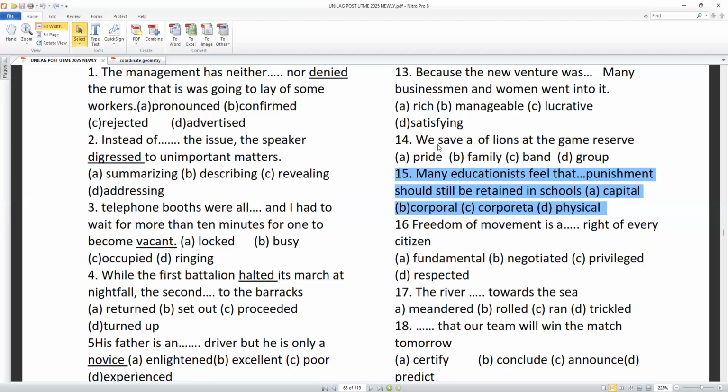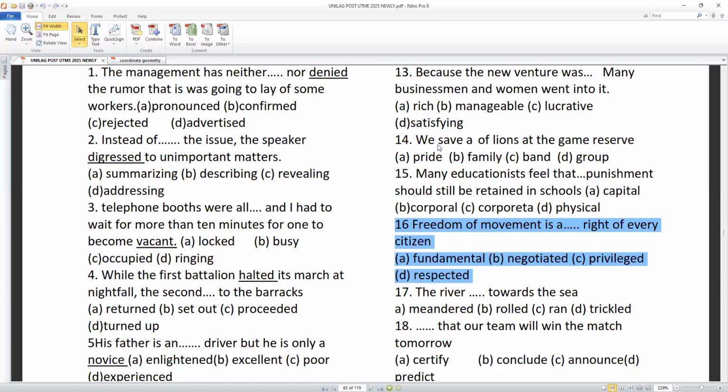Exactly. It may be an act of disobedience, or the person just needs a caution, so you can't introduce capital punishment in school. Rather, it's corporal punishment. All right, so the correct answer is B, while the other options are wrong.